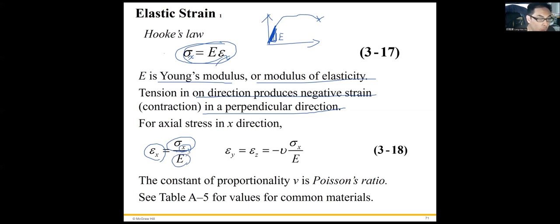And how about the y and z directions? They should shrink, their dimension should be reduced. Therefore, the strain in the y and z directions equals negative sigma x times a parameter. It's a material property called the Poisson ratio.